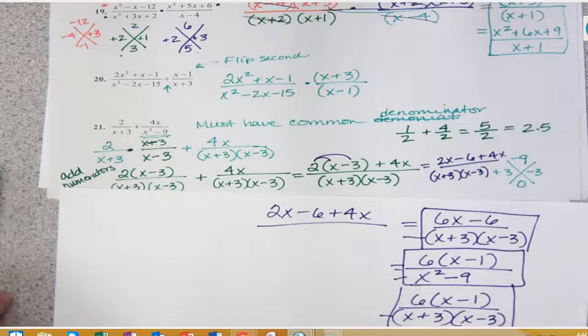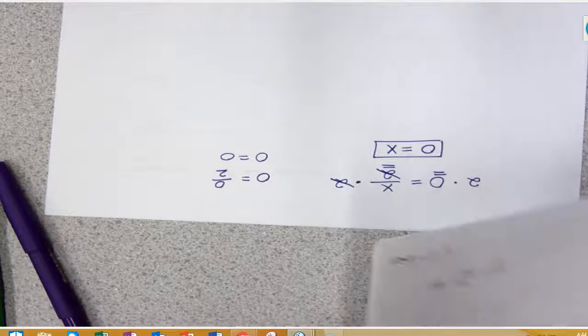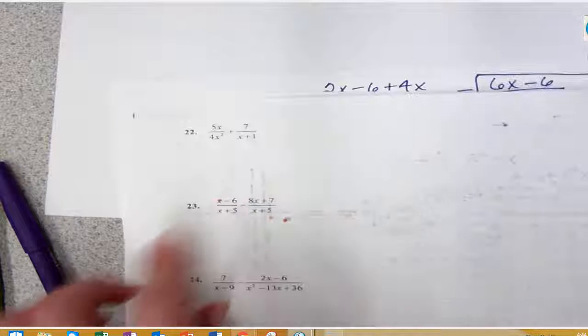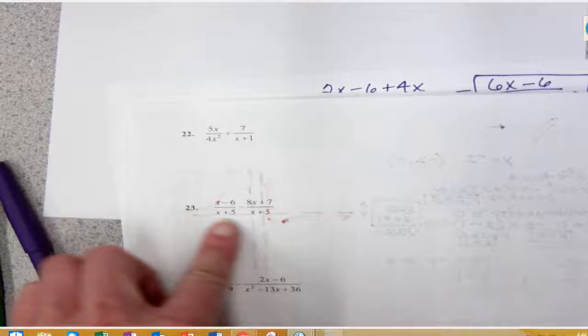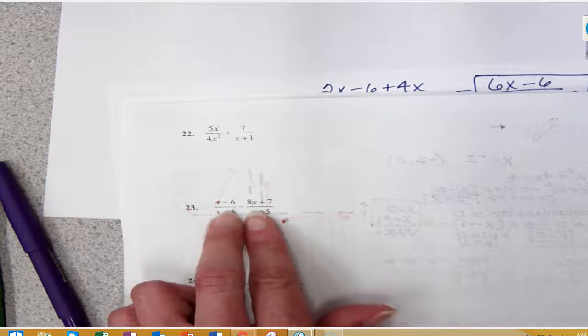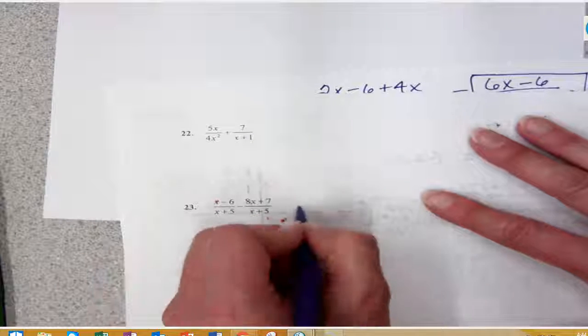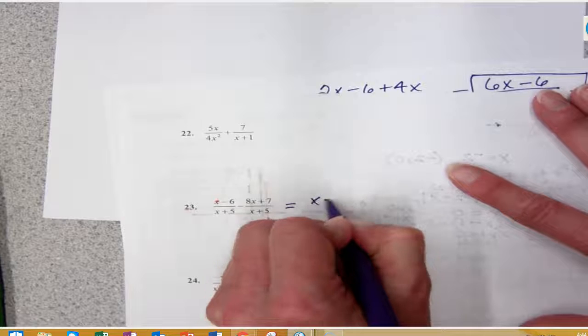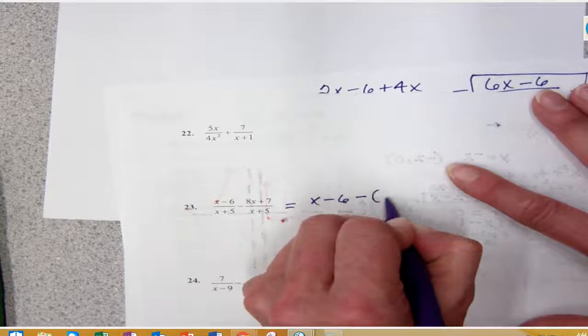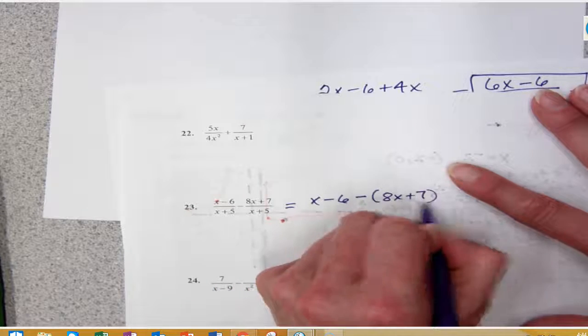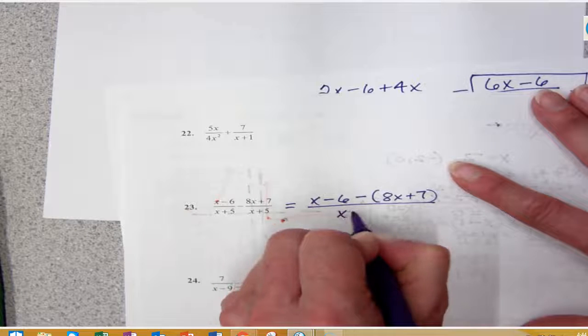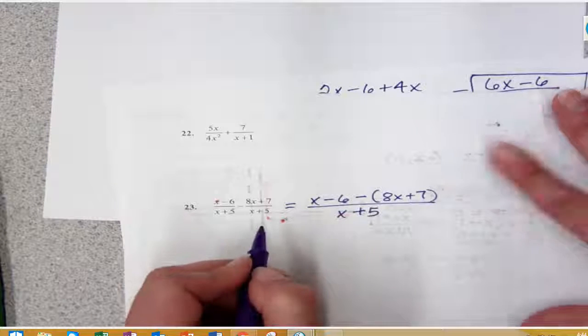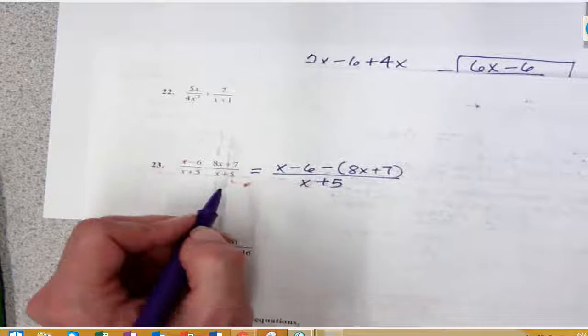Okay, hopefully that helps. When you go to the next page, these have the same denominator, so you just take it and you subtract. So this is basically just going to be x minus 6 minus 8x plus 7 all over x plus 5. Since I have the same denominator, the denominator does not change.